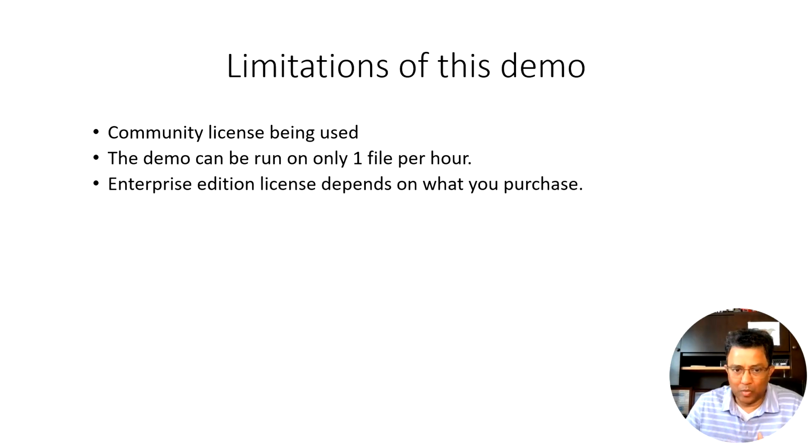So that's one reason why I cannot run more than one file within the same hour. That's a limitation I've seen, but that will go away once we purchase an enterprise edition license, depending upon how many pages you bought for reading pages with the OCR format. So depending on that, the problem will go away.